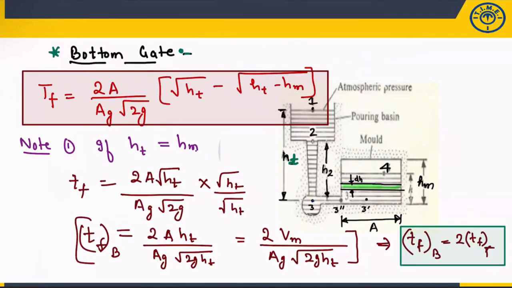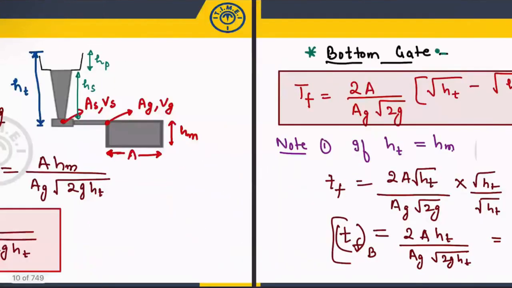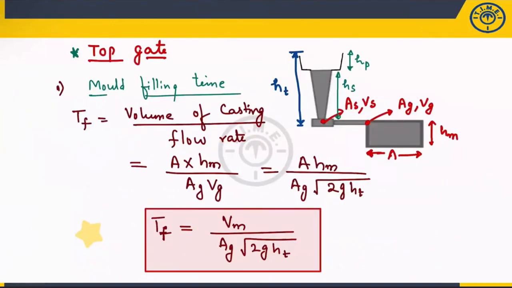The time required for filling the mold cavity by using the bottom gate system is 2 times that of the top gate system. Just make a note of the final result only.